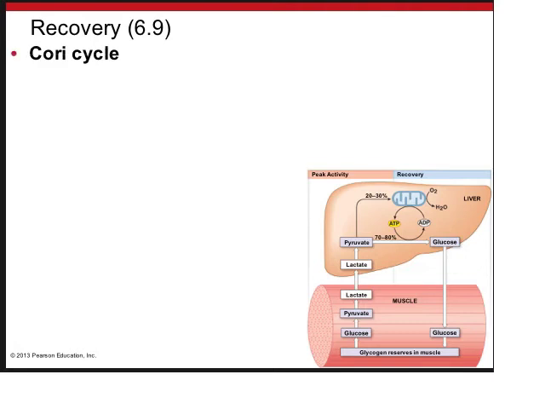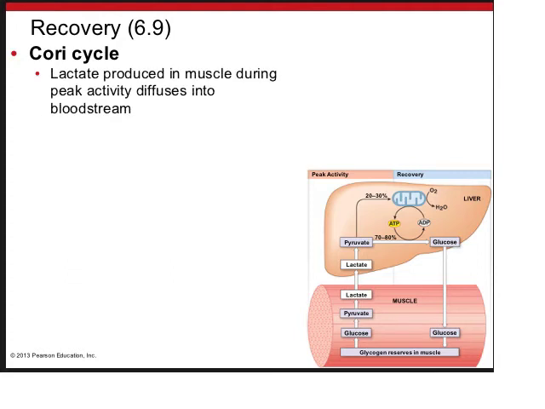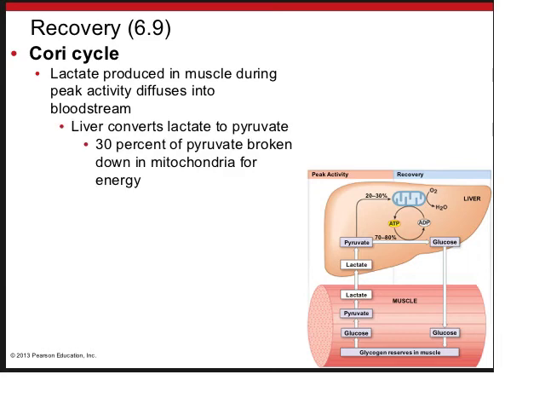In recovery, the liver and the muscle work together in order to replenish fuel stores and energy for the muscle. The Cori cycle involves lactate transport to the liver via the bloodstream, where it is converted back into pyruvate, and then the pyruvate is broken down in the mitochondria for energy. That's about 30% happening in the liver.